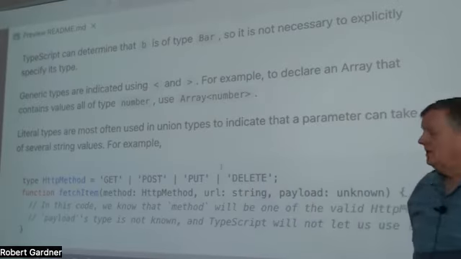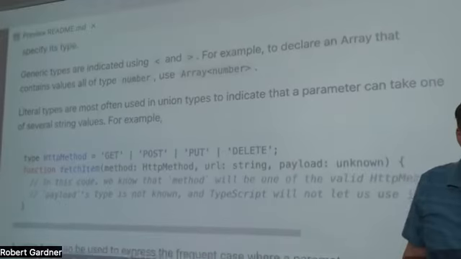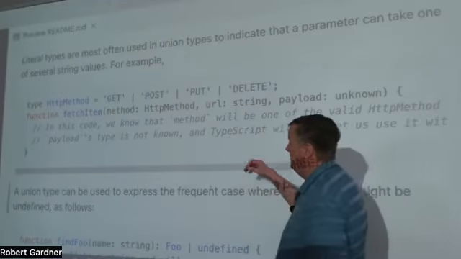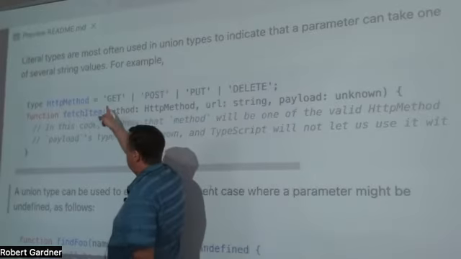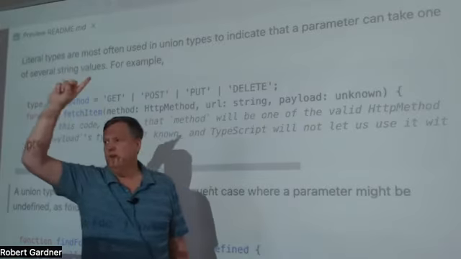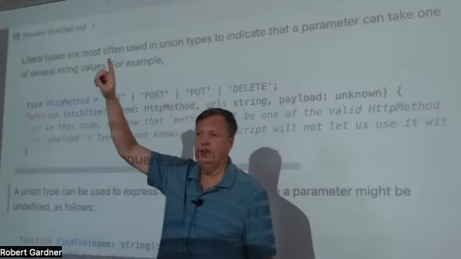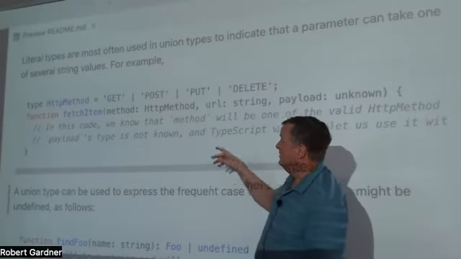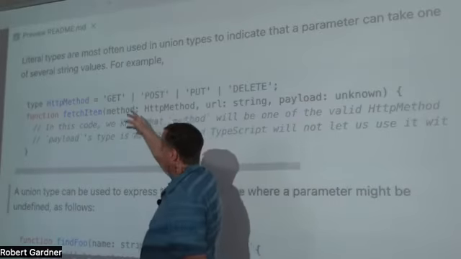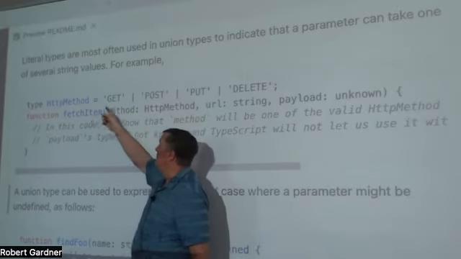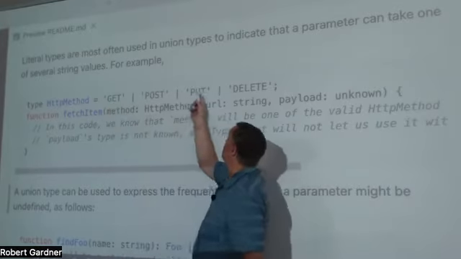Okay. Here's an example of how you do the literal types. For example, this one is defined HTTP method. You remember what the HTTP methods are? That you pass into fetch: get, post, put, and so on. So if you declare this type HTTP method, this says an HTTP method can be one of these four strings.